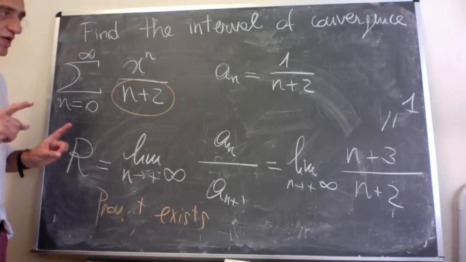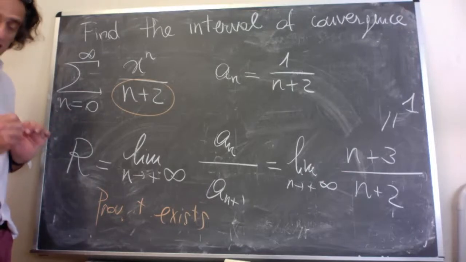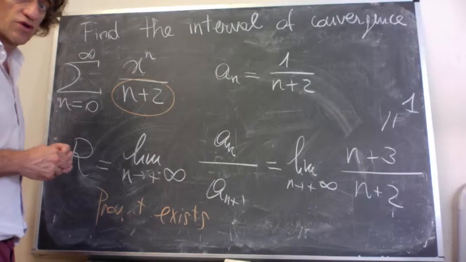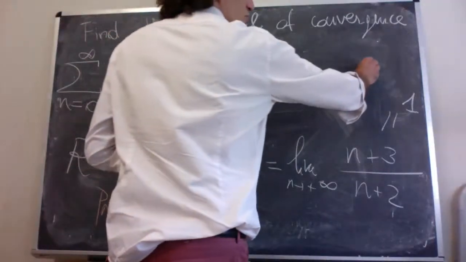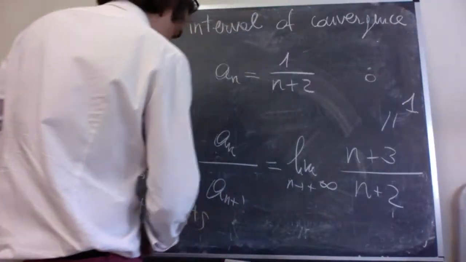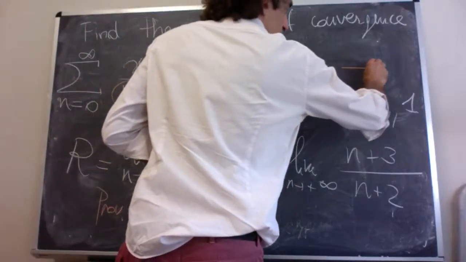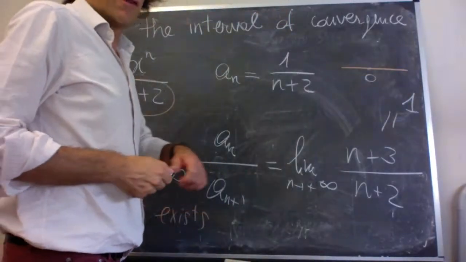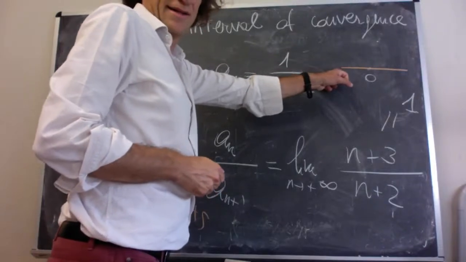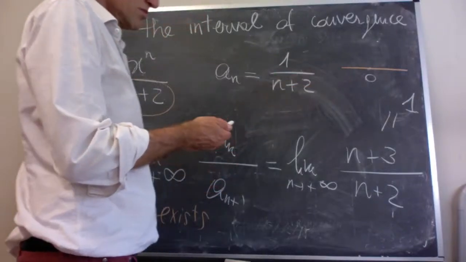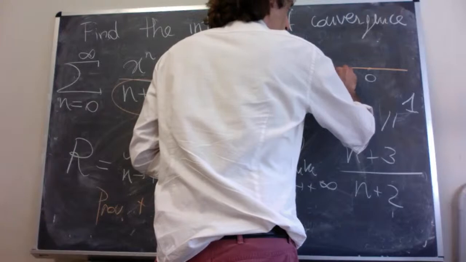So once we have the radius of convergence, the information that we have is the following, is that here we have 0, and here we have an interval of length 2, which runs from -1 to 1.